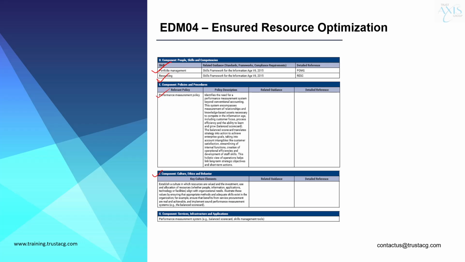It involves promoting an environment where employees understand the importance of optimizing what they have rather than always demanding more. It is also about a culture which reinforces accountability by ensuring that teams take ownership for how their resources are being used and report on performance transparently, and it helps embed the usage of performance management systems like your balanced scorecard into your day-to-day decision making.